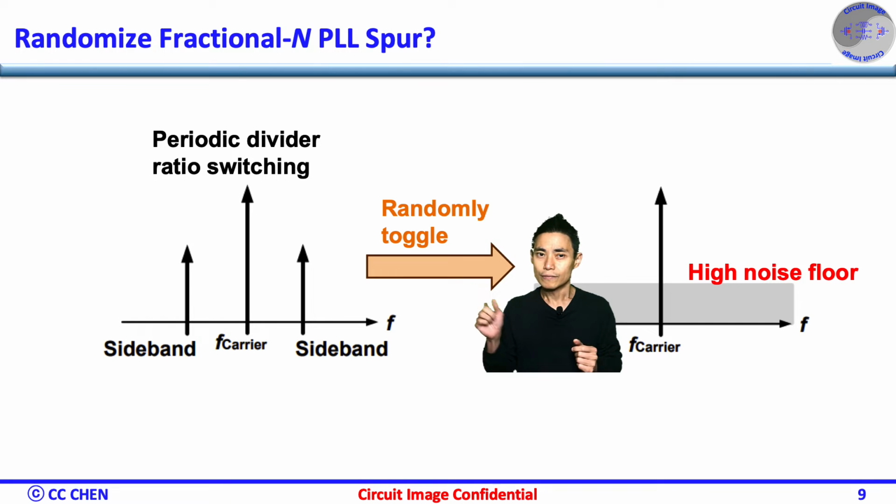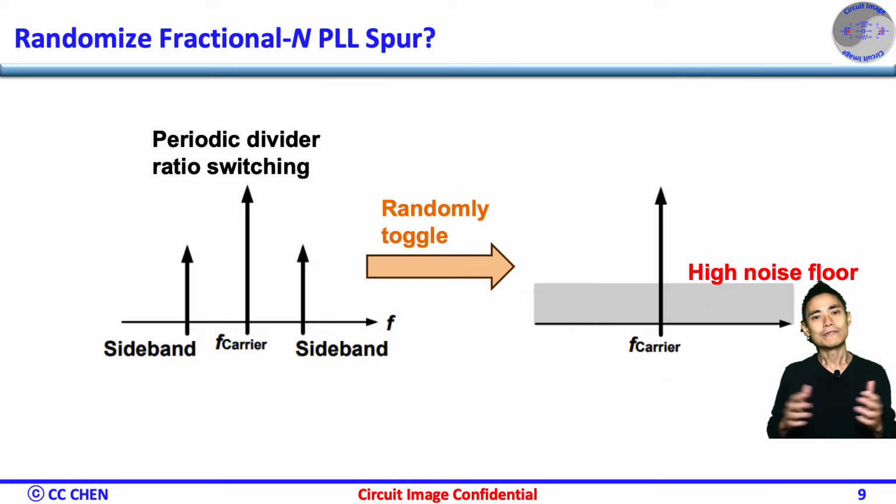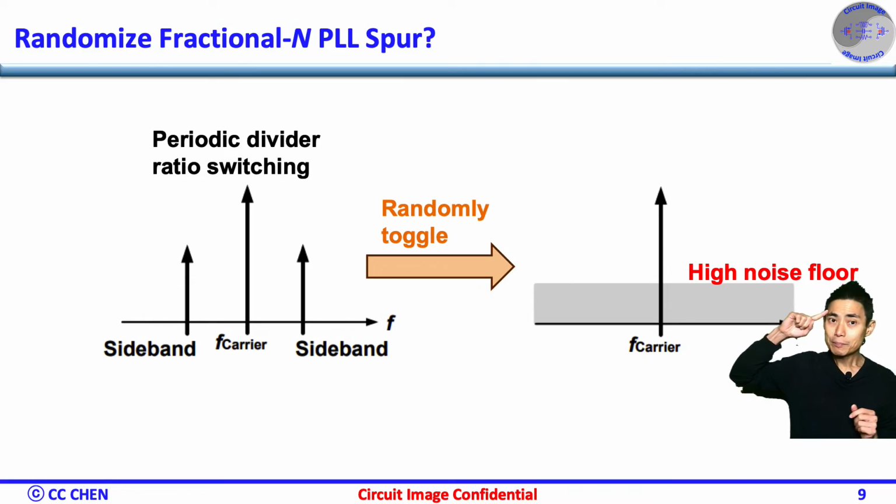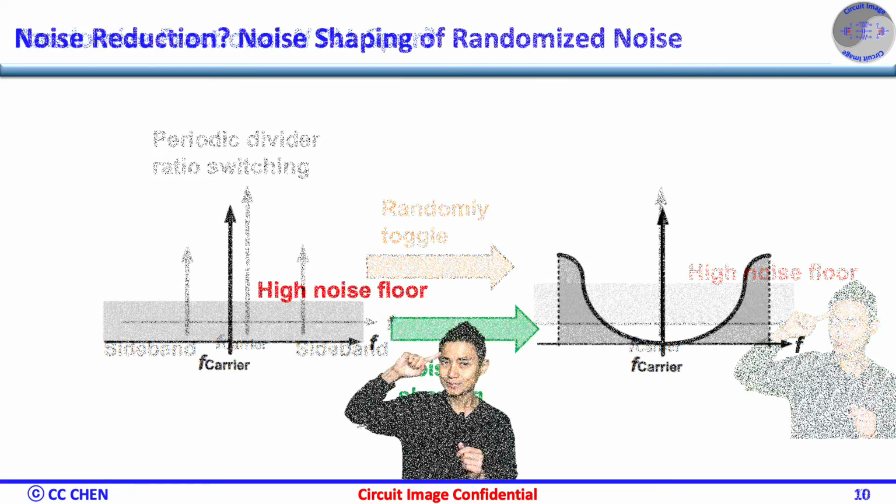So, to avoid the periodic switching, we could randomly toggle the divide ratio and then convert the spur into noise. Unfortunately, the noise floor of the phase noise could still be too high to meet the jitter specifications. What can we do? Think about noise shaping.